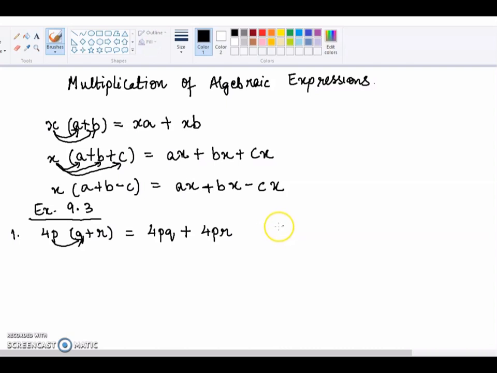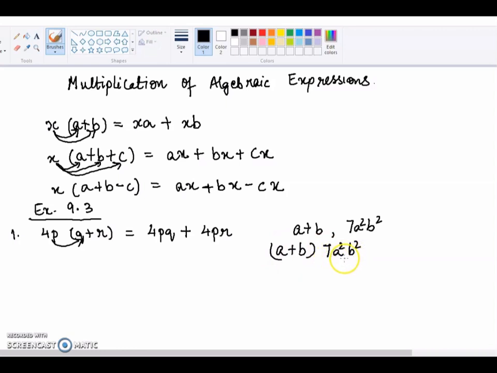Now the next one that I am going to solve is a plus b and 7a square b square. So if I need to multiply these two expressions, it will be written as a plus b into 7a square b square.